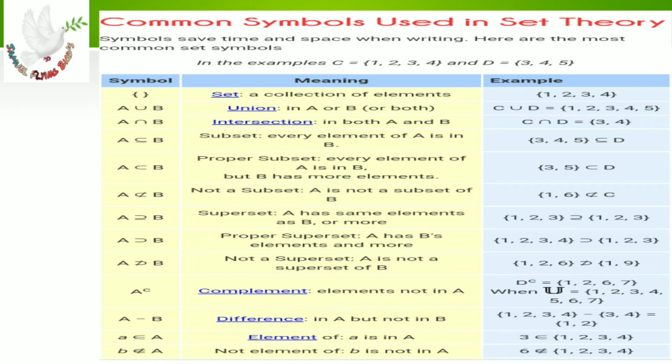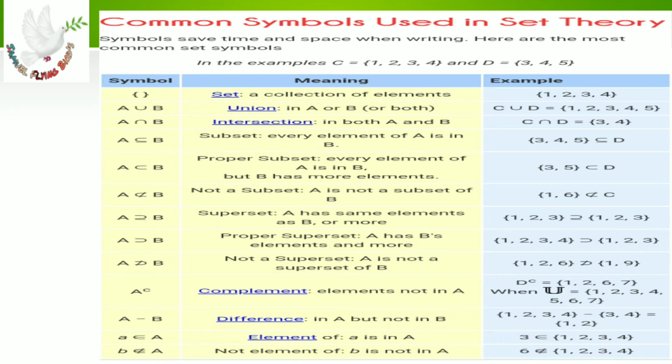The subset: A subset B means every element of A is in B. We can write it as {3, 4, 5} is a subset of D. A subset is formed from elements which are present in both sets.